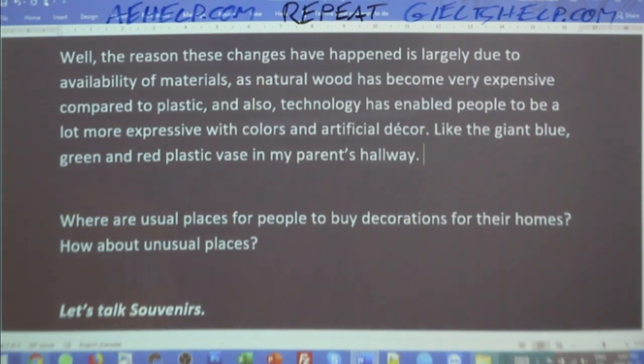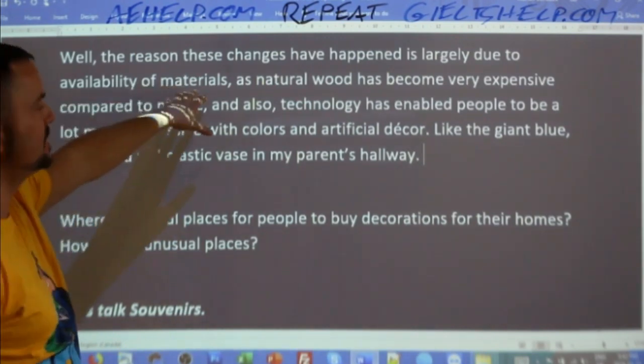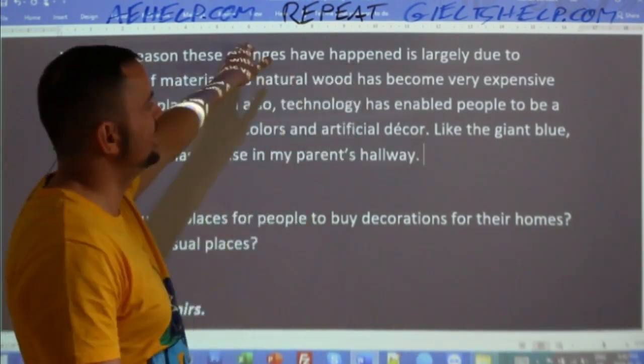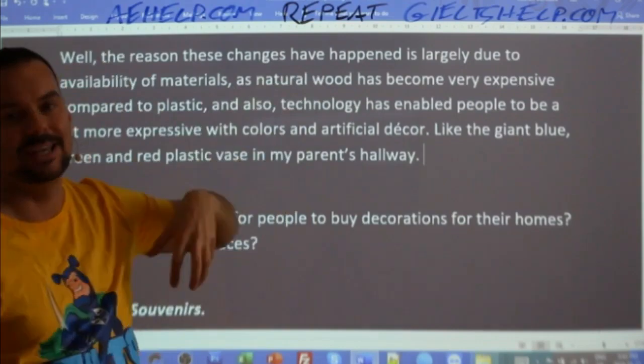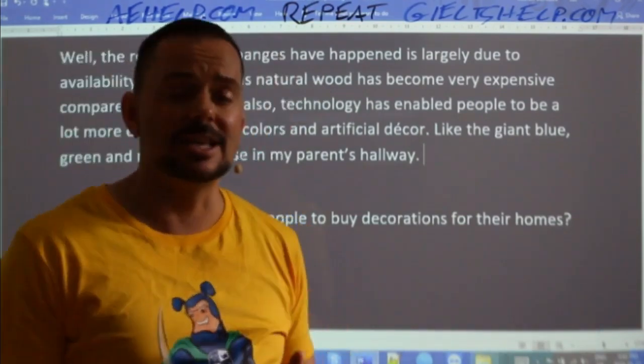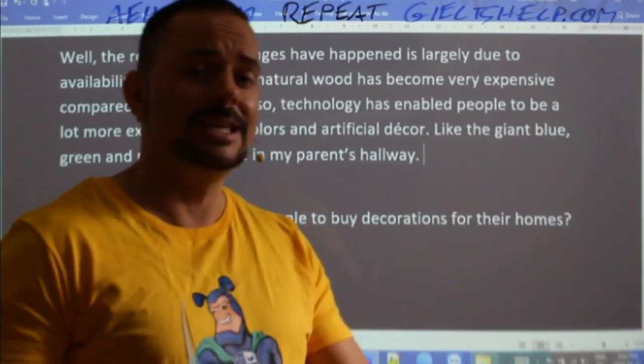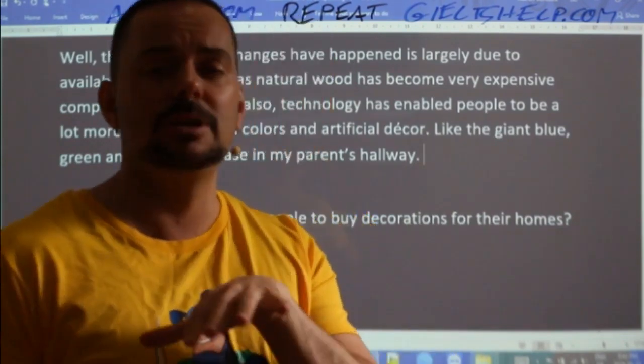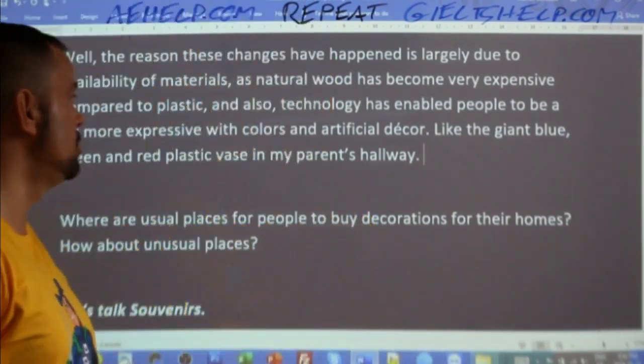Here we go, students. Well, the reason these changes have happened is largely due to availability of materials, as natural wood has become very expensive compared to plastic. Notice that again, I'm using the present perfect. So I'm taking this chance to show the examiner a second time that, yeah, I got you. You were asking me in present perfect, and I'll continue with that.